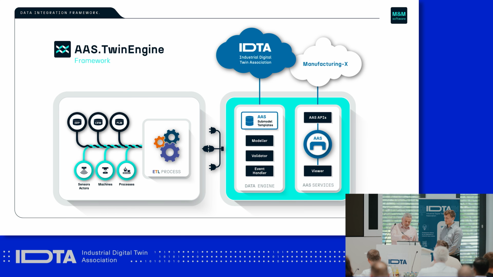But it's something you will have to do, and if you are not ready for that, as I said, we can also support you on that part. And once that is given, on the right-hand side, this is where we do the AAS part. On the left-hand side, so far you do not have to care about any AAS models.